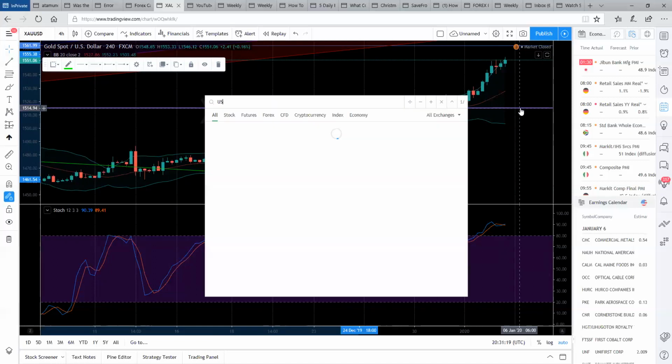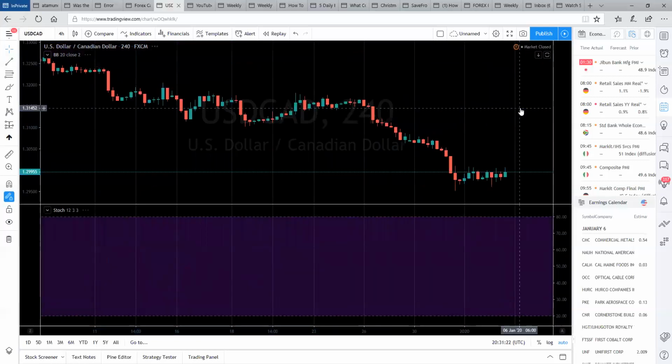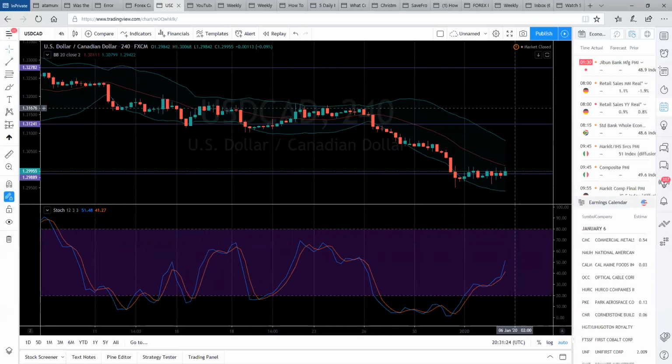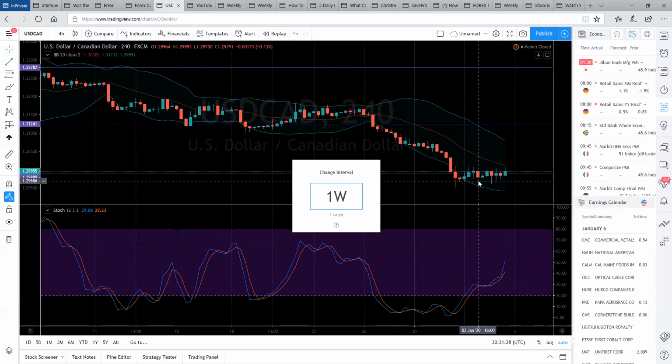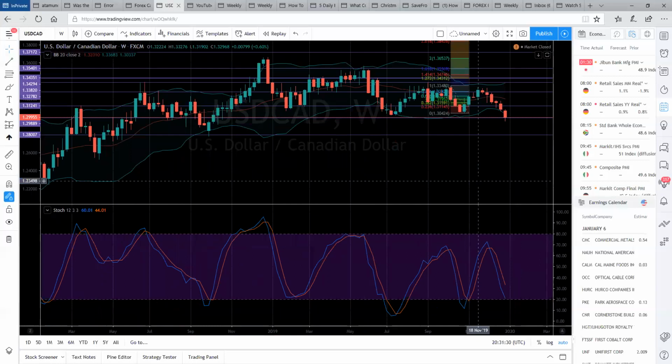Let's look at the USD pairs quickly. We have one based on the weekly. USD CAD hit our TP and went quite beyond it. Excuse me. So what would I be looking forward to seeing?